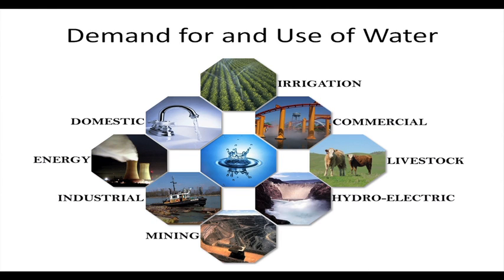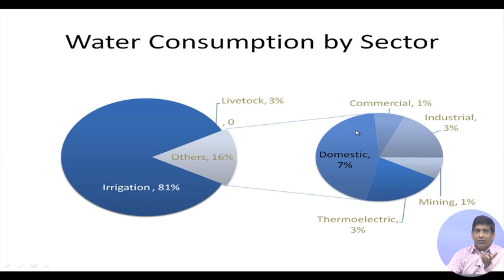Energy, livestock: if you want animal protein or milk, you need to grow them, and they need water. Hydroelectric dams need water. Mining activities need water. Industries need water. To produce energy, you need water. So we have lots and lots of demand for water from all these different sectors. And how it is used up.